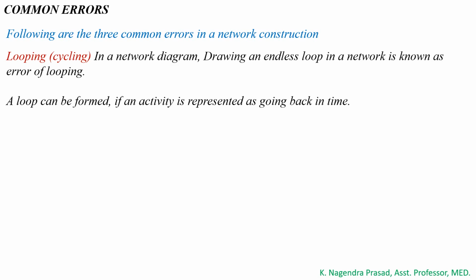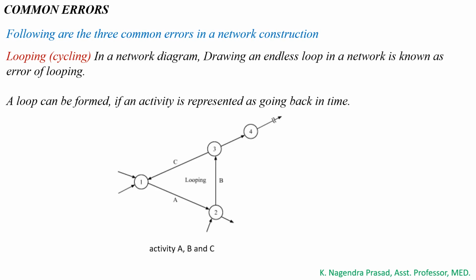This type of error we call the error of looping. A loop can be formed if an activity is represented as going back in time. See in the diagram, here activities A, B, C are forming a loop. Here, activity C is once again going back to event 1.